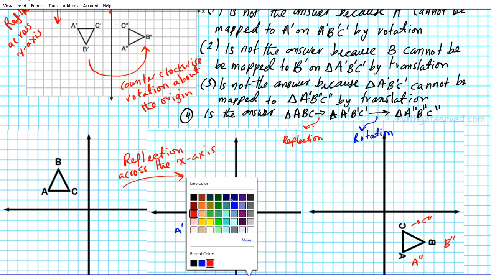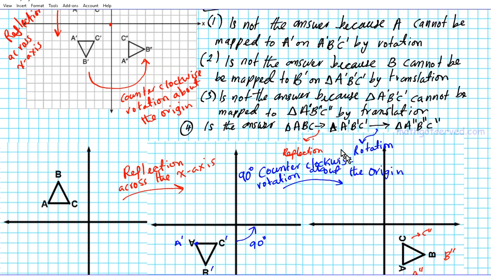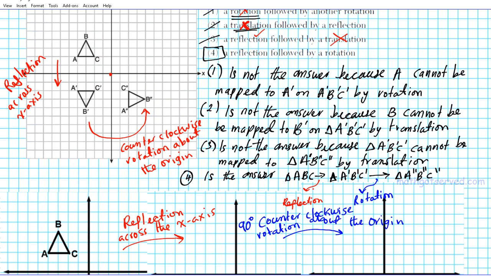So we can see that the second rigid motion transformation from A prime, B prime, C prime to the double primes is a counterclockwise rotation about the origin. If you want to be more specific, it's a 90-degree counterclockwise rotation. We just rotated this by 90 degrees, and then we ended up with this desired figure right here. So we can clearly see that the answer to this question is option number 4.